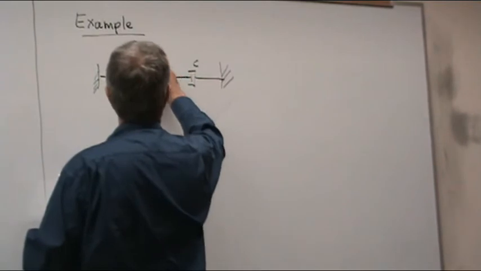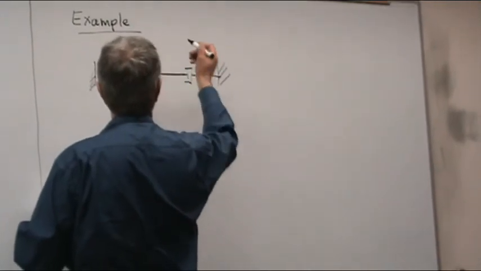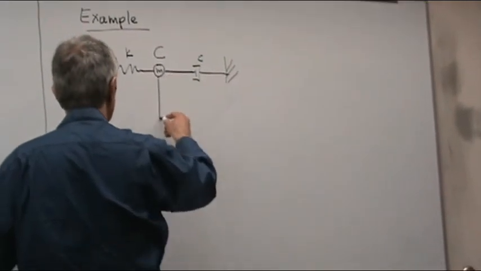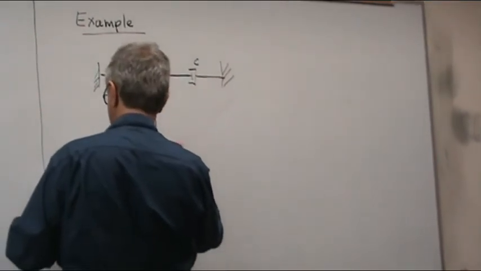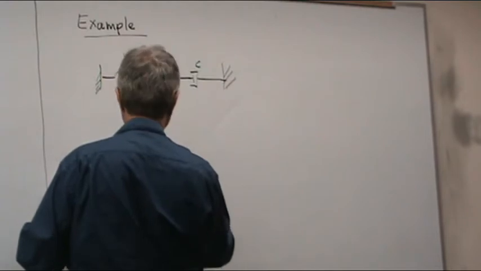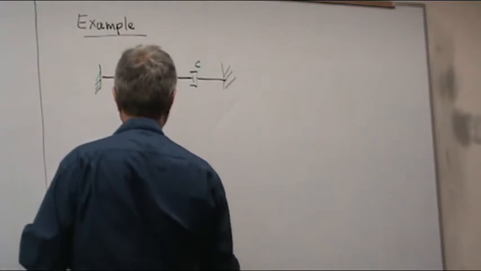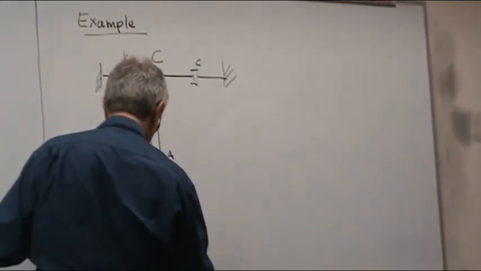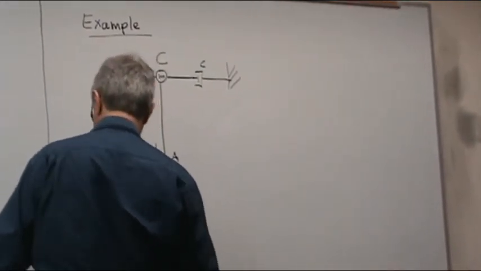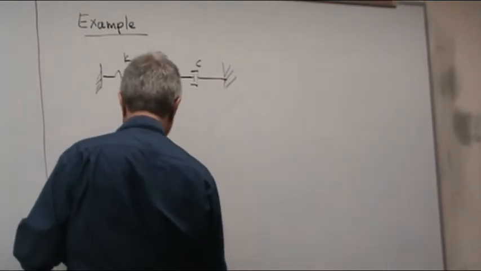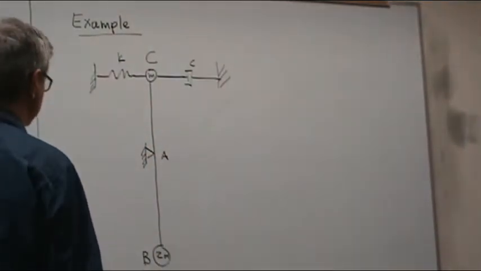So let's say this is capital C, to distinguish from the damper. And then you have a rod that is massless, and the rod is pivoted about this point, A. There is a mass at the bottom, 2m, and we call this point B the center of the mass, point B.